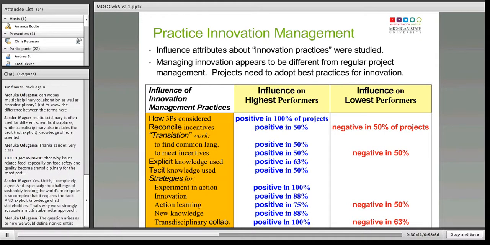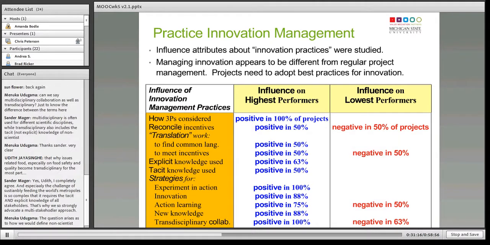Notice how strongly positive those strategies were in the high performance group, and you see that they had either sort of neutral influence in the low performance, or in the case of action learning and transdisciplinary collaboration, these things really didn't work in those groups.